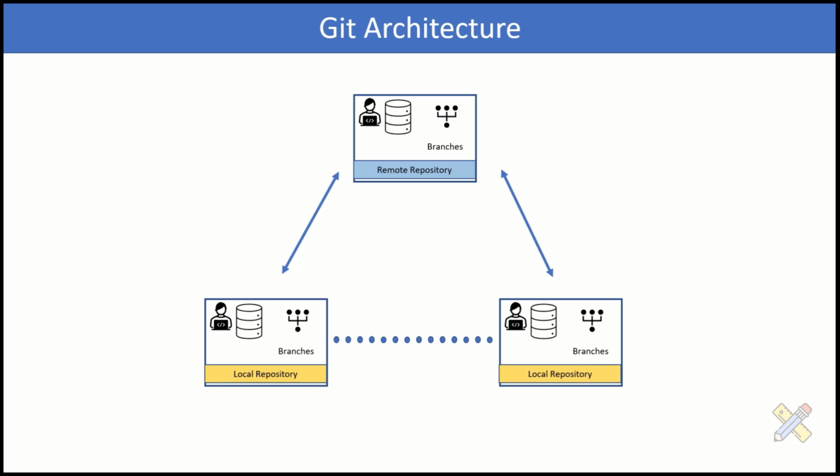Then at a later point in time, another developer is hired and tasked with implementation of another feature, let's say feature Y. He'll clone the remote repository the same way, and both the development and production branches from the repository will be cloned into his local repository.